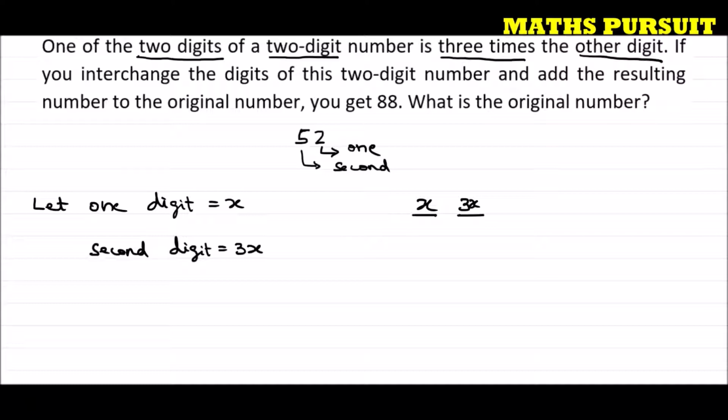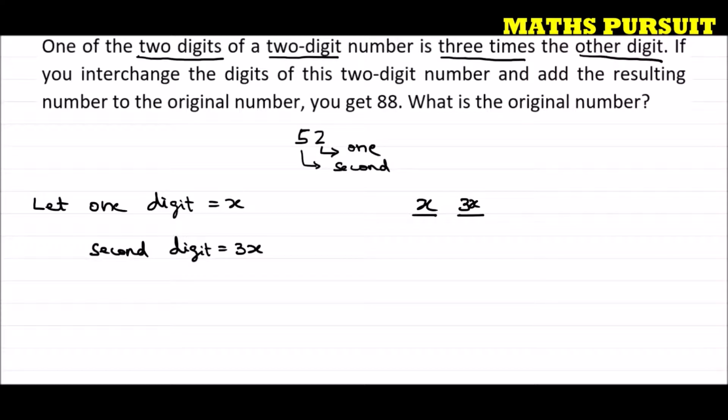Now, if you interchange the digits of this two-digit number and add the resulting number to the original number, you get 88. After interchanging, the number that we are getting, if we add that number to the original number, we get 88.